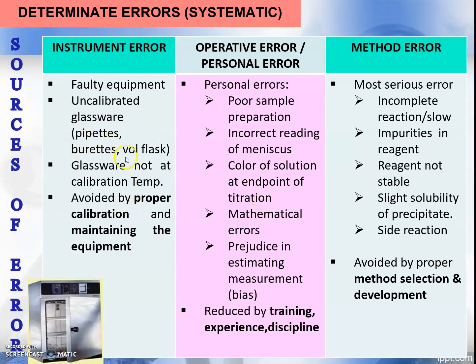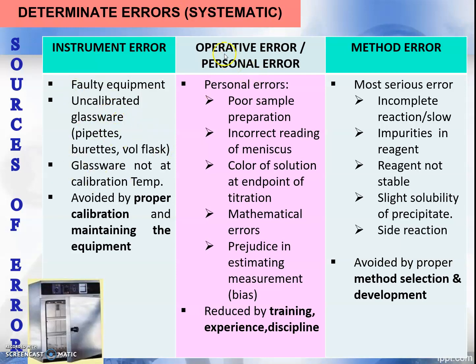When we know the source is the instrument, we can correct it. If the equipment is faulty, it should be serviced, and if the glassware is not calibrated, it must be calibrated to make sure the volume delivered is accurate.